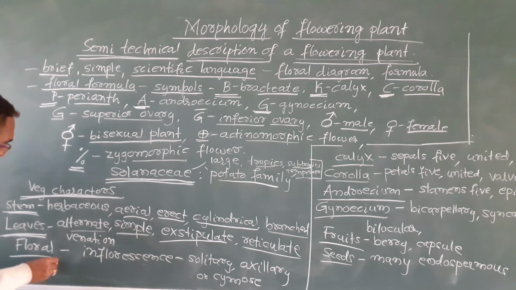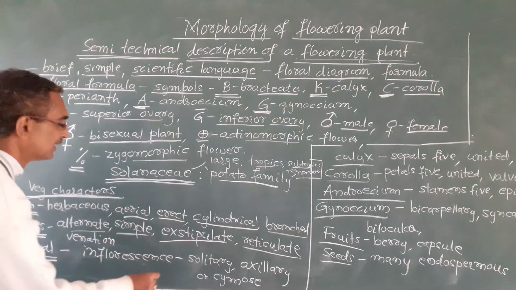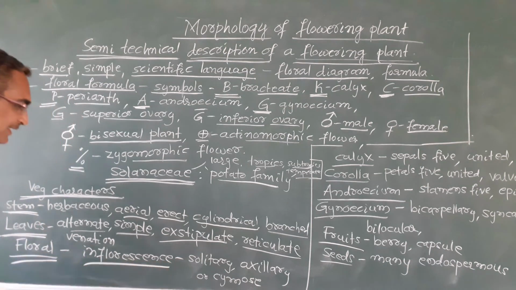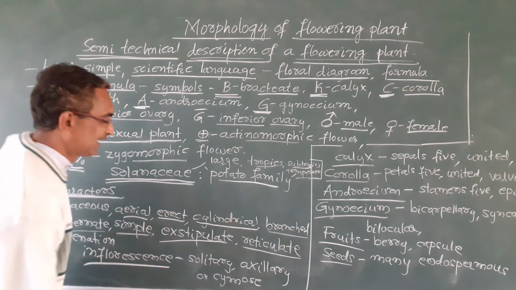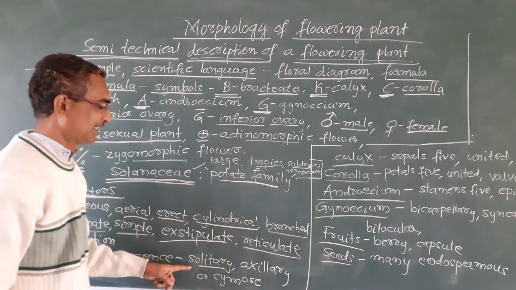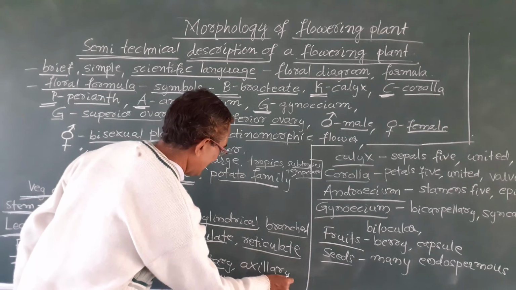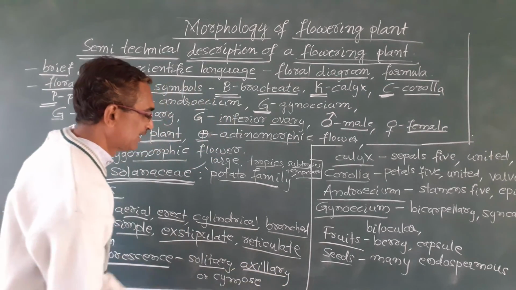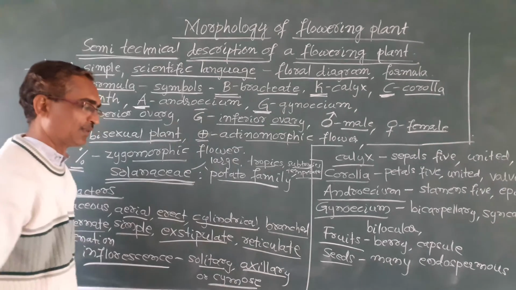Next are the floral characters. First, the inflorescence: the flower is solitary in nature, that is single, axillary or cymose.